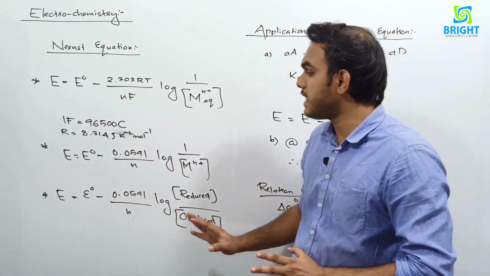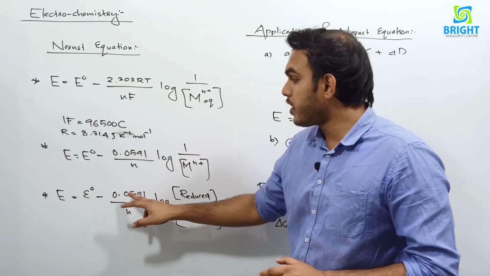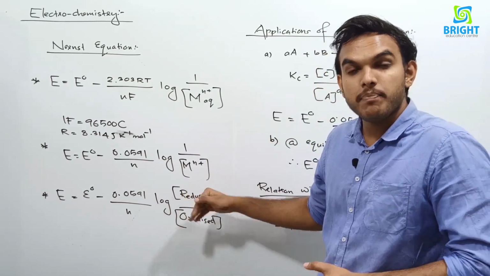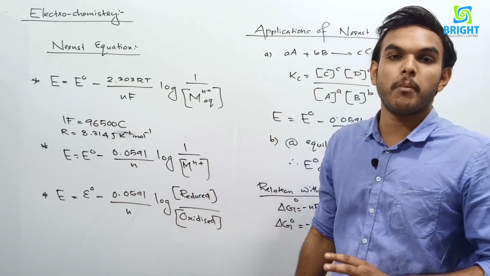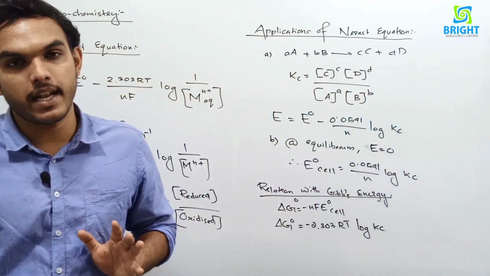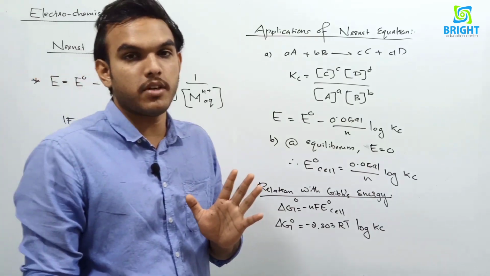Or commonly we can say E cell is equal to E0 cell minus 0.0591 divided by n log of the reduced state divided by the oxidized state. These are the basic 3 equations I have given here for the Nernst equation.